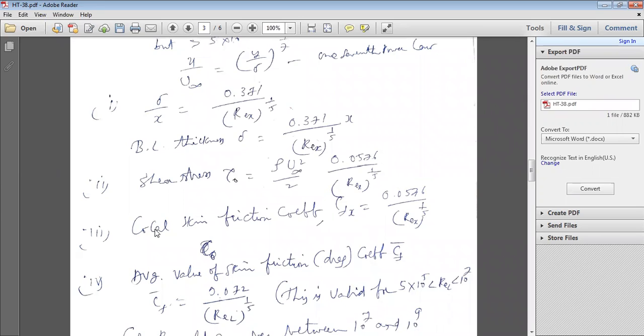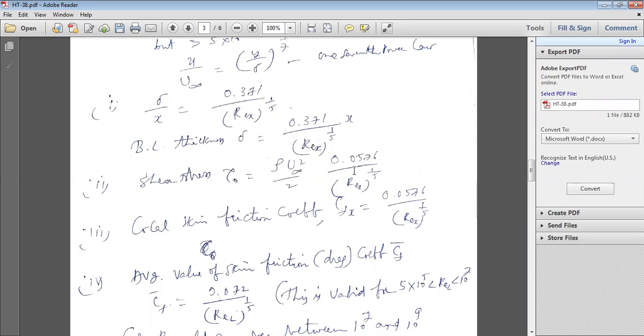And from that shear stress, the local skin friction coefficient Cfx, under turbulent boundary layer condition, is equal to 0.0576 divided by Rex to the power 1 by 5. From the shear stress tau naught, rho u free stream square divided by 2 into 0.0576 divided by Rex to the power 1 by 5, this is the Cfx equation.